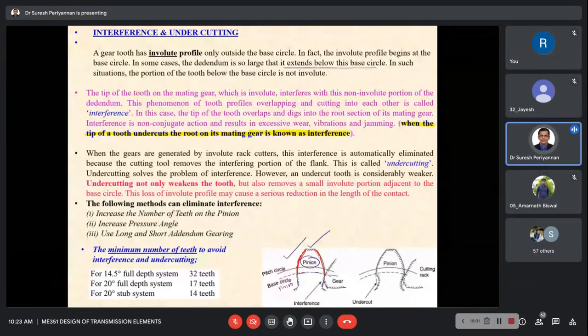Now, when the gears are generated with involute rack cutters, the gear teeth look like a rack cutter.